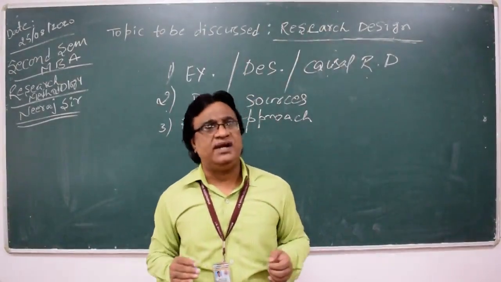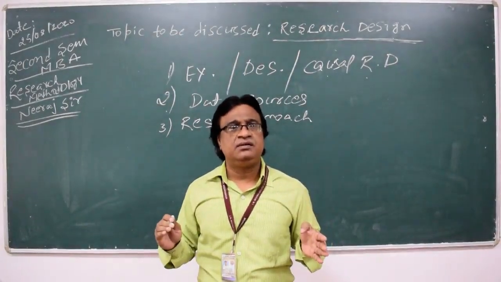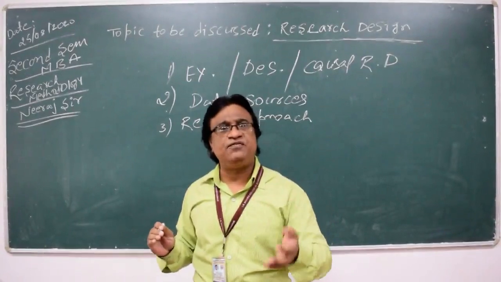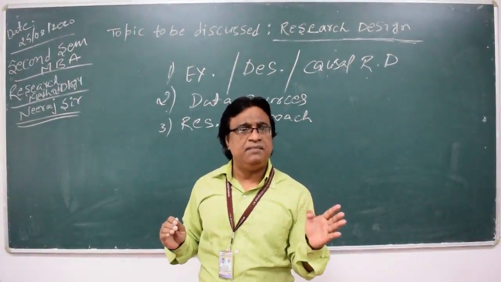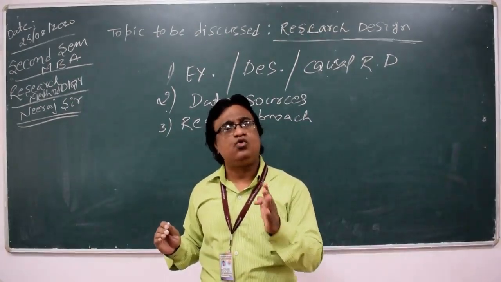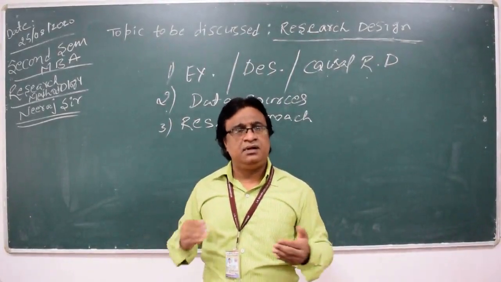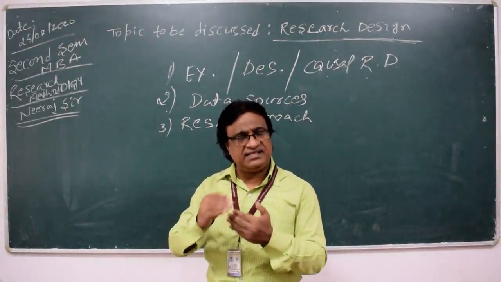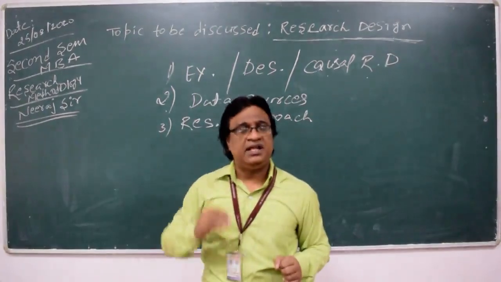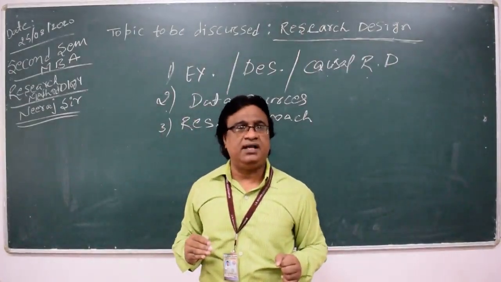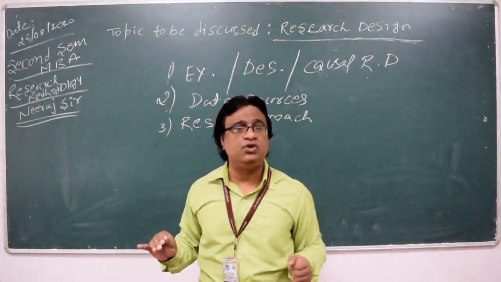And when we talk about qualitative, then it means we are interested to get such type of information which cannot be measured precisely in quantitative form. Here we cannot apply mathematical measurement, mathematical operation rigorously. Mind it, in quantitative data we can apply all the mathematical operations rigorously, but that is not possible in qualitative data.